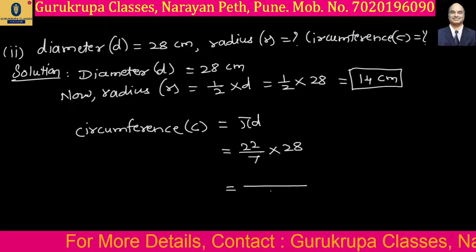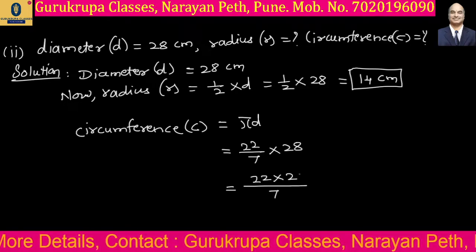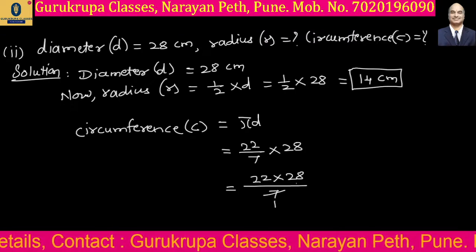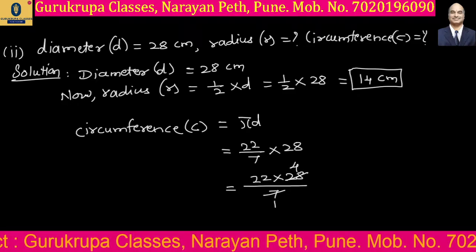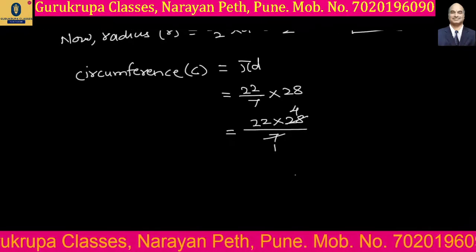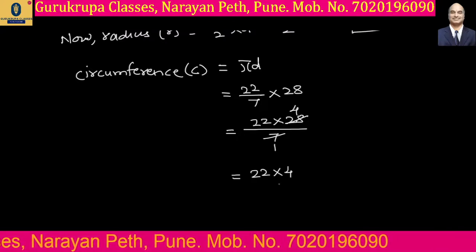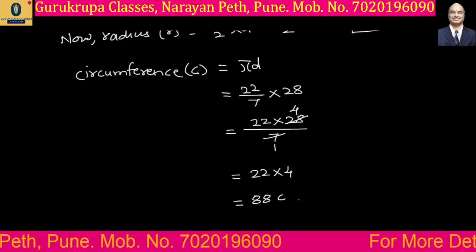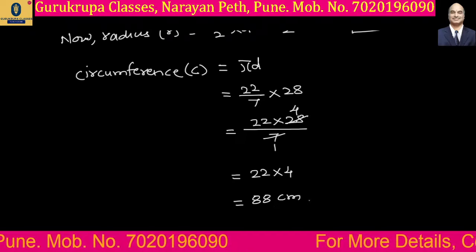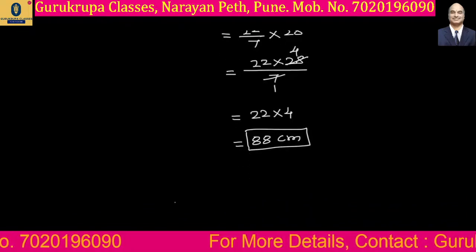There is only one denominator, that is 7. 7 ones are 7. 28 is multiple of 7. 7 fours are 28. For calculation, we have 22 into 4, that is 88. So here we got the circumference, and that is 88 centimeter.